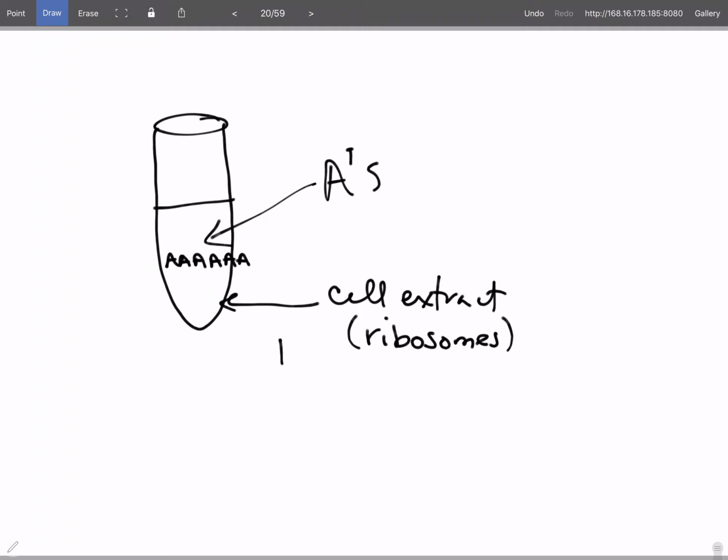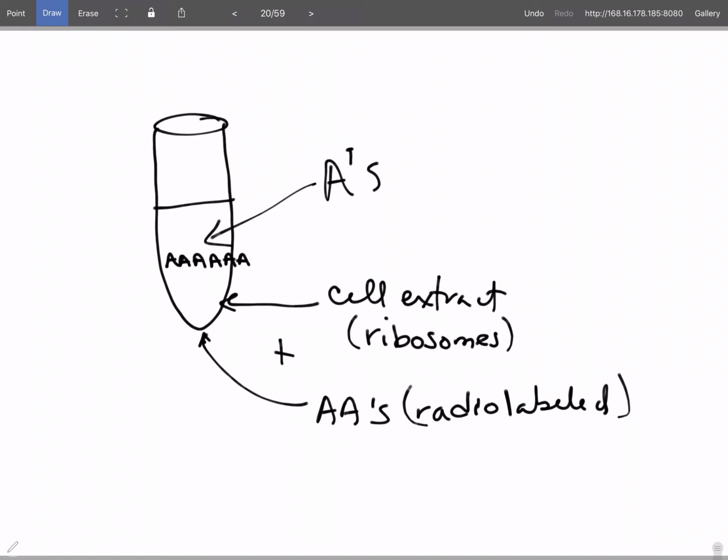And then what they added to the mixture was a whole bunch of amino acids that were radio-labeled. Okay, so they were tagged.